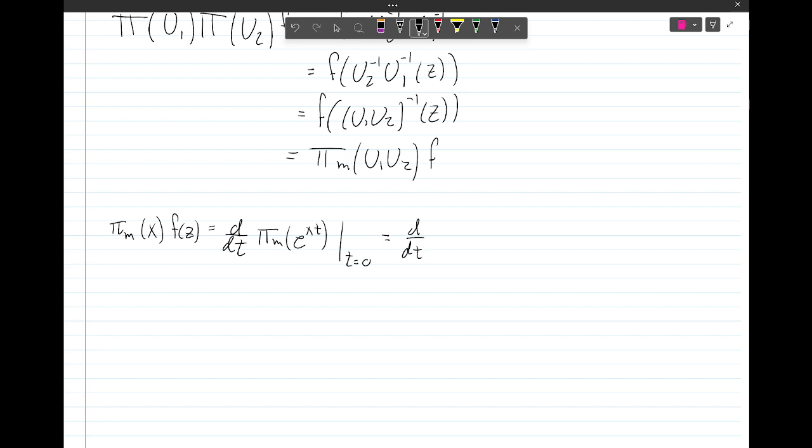And since capital pi m has been specifically identified, we can explicitly compute this. Of z at the identity.